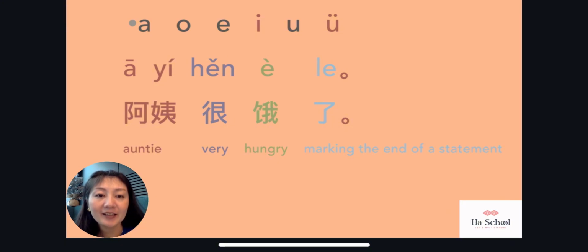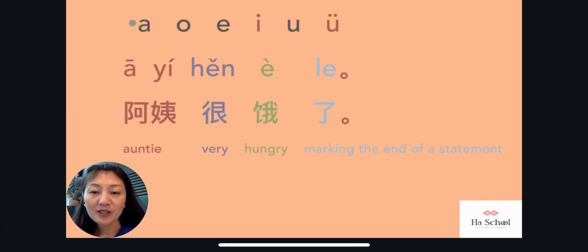So this sentence contains all tones. A is the first tone. Yi is the second tone. 很 third tone. 饿 fourth tone. Le is a light tone.